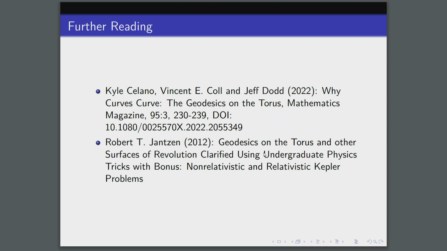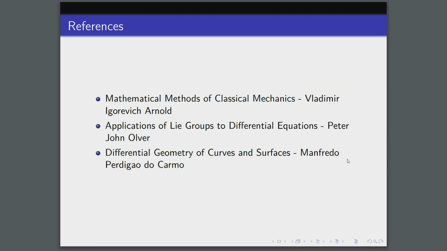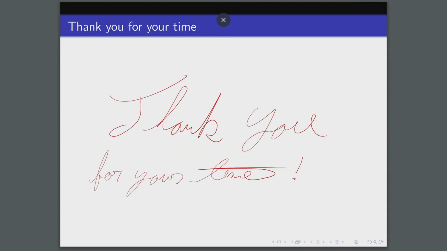This discusses the movement of particles or mass points, if you will, on these sorts of surfaces, and it also gives you some more physically motivated problems. Yes, so these are the references that I used to prepare the talk. And thank you for your time.